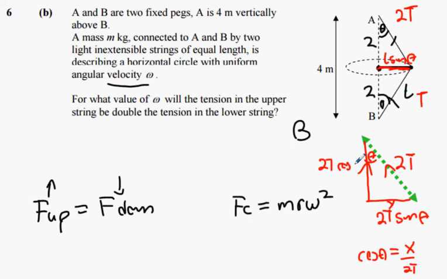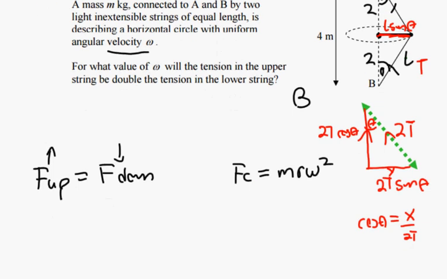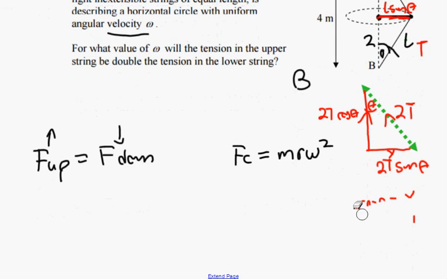Now, the green string represents the upper string. Now I'm going to do the lower string, represented by a blue one. So, blue string is the lower string. We're going to break that up into its components as well. So, once again, the bottom part is theta, because it's an isosceles triangle. And that's t.